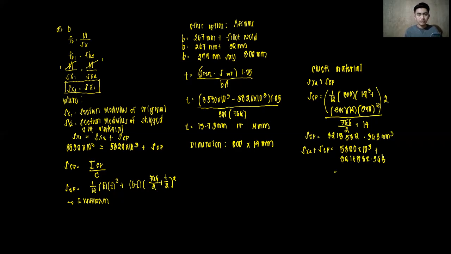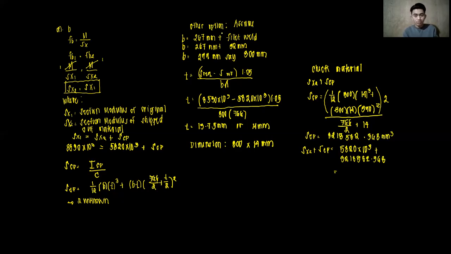Considering now, all right, so dito, sorry. So as I was saying earlier, dito, it should be, since dito kasi yung section modulus ni Sx, yung section modulus ni Sx na given is that it was not based or hindi siya naka-base dun sa 14 mm, which is okay.